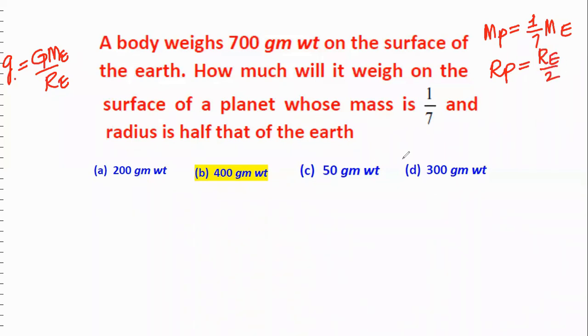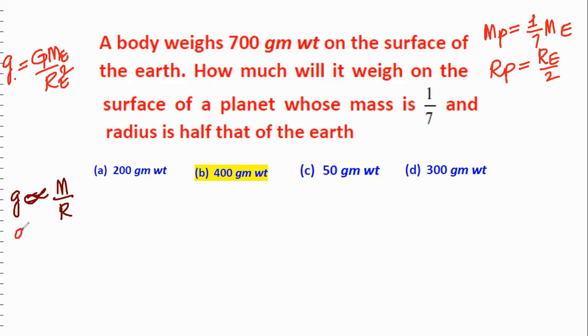Then we have to calculate the acceleration due to gravity on it. Acceleration due to gravity g is proportional to the mass of the planet as well as the square of the radius of the planet: G ME divided by RE square.